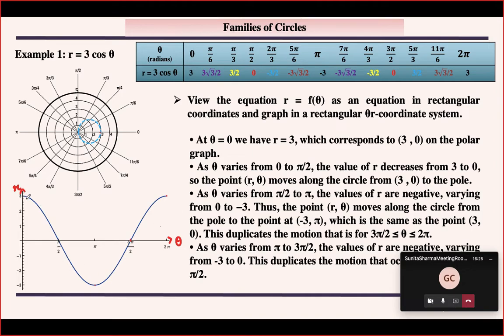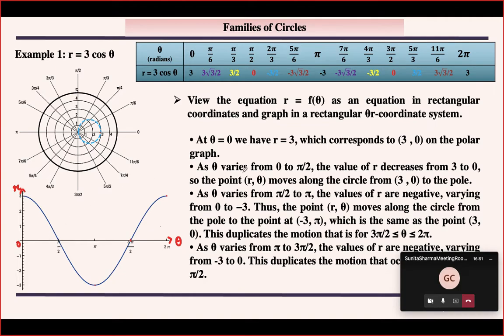After this we see that when the value of theta is increasing from 0 to pi by 2, the value of r, which is 3 cos theta, is decreasing from 3 to 0. So the value reduces from 3 to 0 as theta varies from 0 to pi by 2.